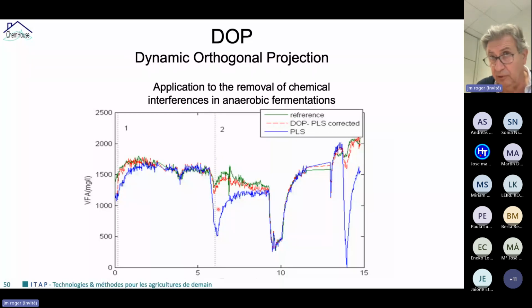When we use a second point at this event, we can see that we can reestablish the robustness of the model, even for this event, which is very, very strong. We have a small deviation, but very, very lower than the deviation of the raw PLS model. So this is an example of how to use DOP for process monitoring.